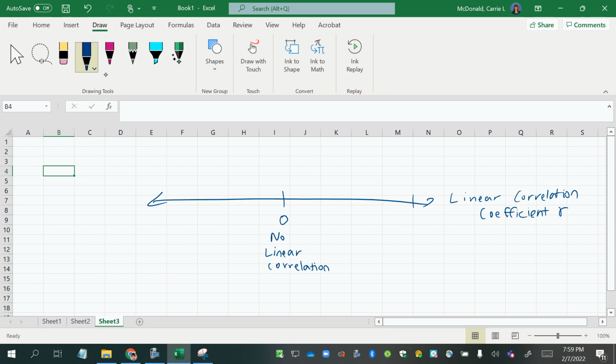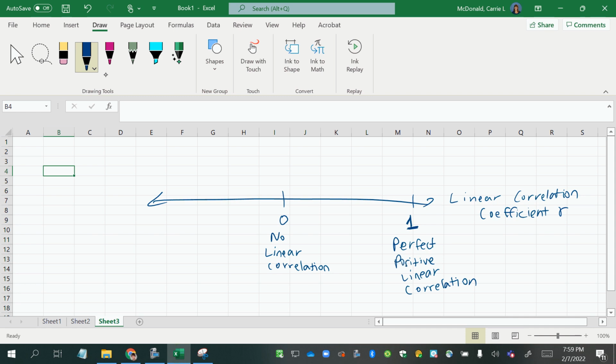And then over here, the best you can do is +1. It's almost like 100%, right? So this is the perfect positive linear, for line, because we're only talking about lines here. There are other types of correlation that you would not use this measurement for.